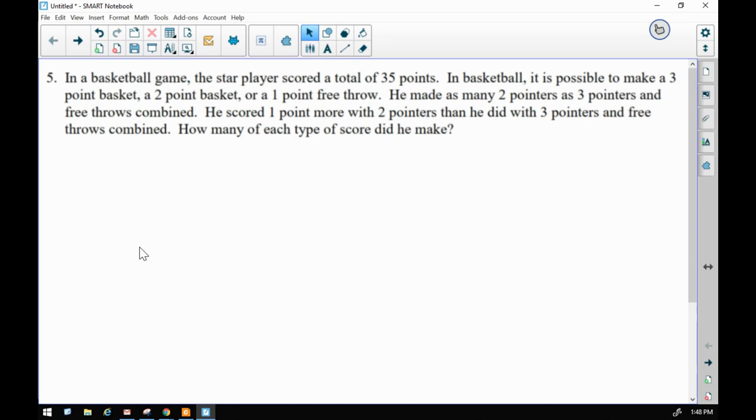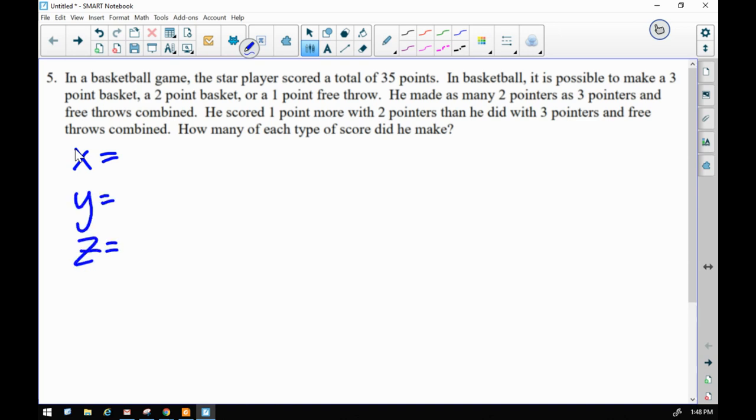How many of each type of score did he make? What are the 3 things we're looking for? The number of 3-point baskets, the number of 2-point baskets, and the number of 1-point baskets.